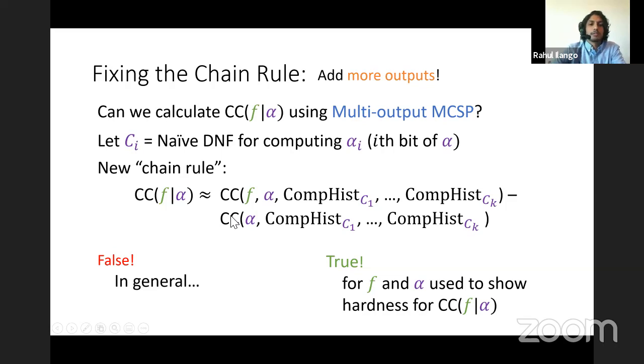We're able to exploit that randomness to say that in fact these two quantities are roughly equal. And now we have this way of approximating the relative complexity using multi-output complexity, and that gives us NP-hardness for multi-output MCSP. And in truth, when you open the box here, what's happening is we're actually reducing set cover to multi-output MCSP.